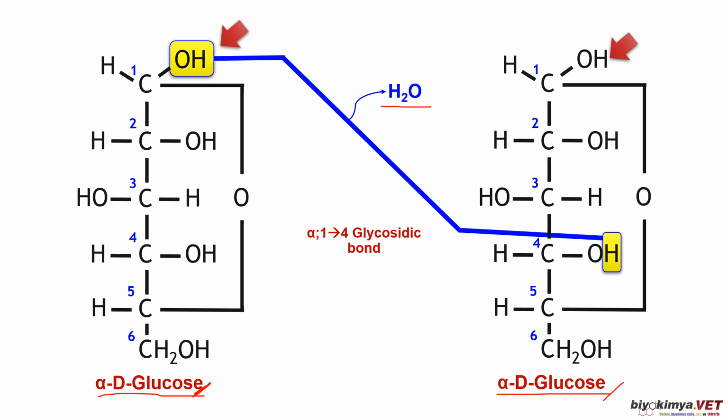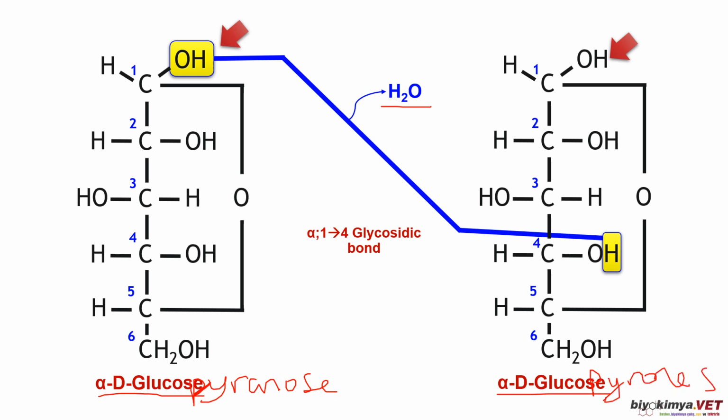In the nomenclature of cyclic structures, we need to represent the type of ring, because it may be either a pyranose ring or a furanose ring. Here the glucose is in the pyranose form. So this is glucopyranose, and also this one, alpha D glucopyranose.